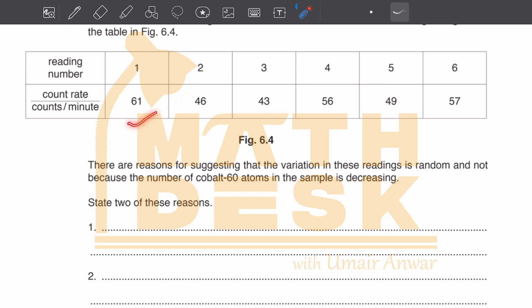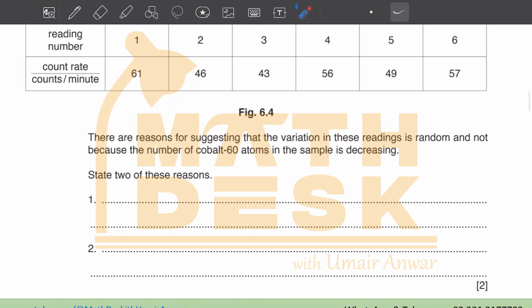But since there is randomness in the readings, sometimes decreasing and other times increasing compared to the previous readings, there are some other reasons for this variation apart from the decrease in the sample of cobalt-60. State 2 of these reasons why there is variation in the readings.